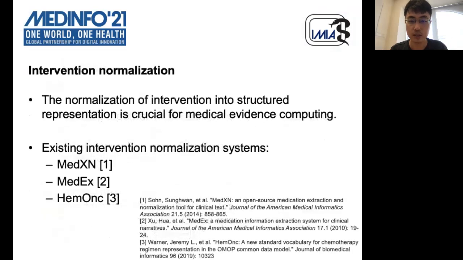In regard to medical evidence computing, it is important to normalize the intervention into structured representations to support structured query. There are several existing systems for the normalization of interventions, such as MedXN, MedEx, and HemOnc. Those systems either enable a limited range of interventions to normalize or are not able to capture the internal relations or attributes of the intervention.